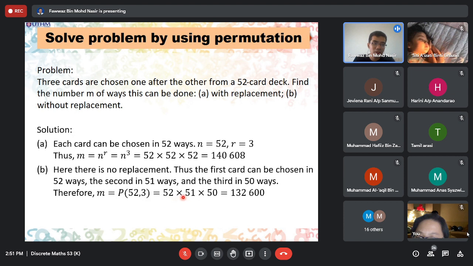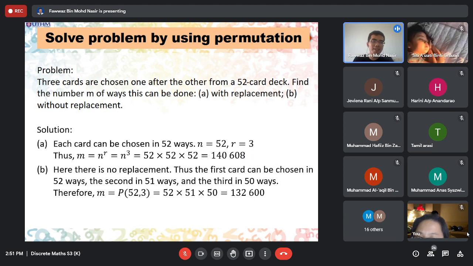Okay, so 52 times 51 times 50, so you get 132,600 ways to choose 3 cards from a 52 card deck. Okay, so this one is permutation.